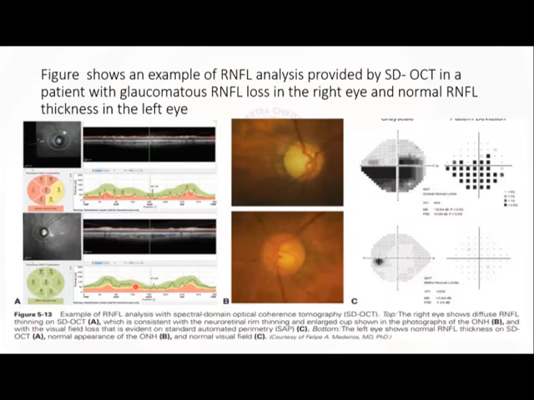Compared to this normal left eye, we can see the thinning, and also neuroretinal rim thinning and an enlarged cup in picture B, and the corresponding visual field loss we can see in this C image. And this left eye shows a normal retinal nerve fiber layer thickness, normal appearance of the optic nerve head, and a normal visual field.